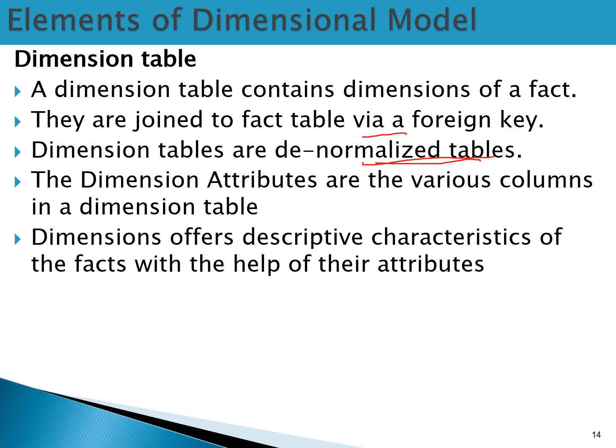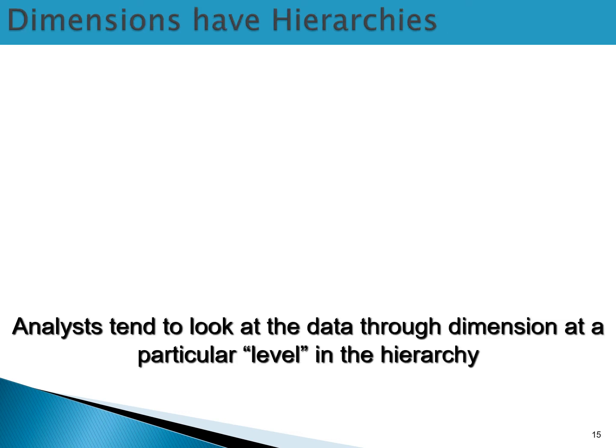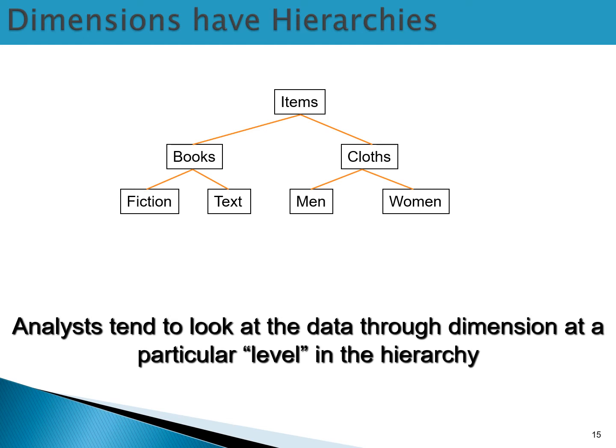I will show you the dimension model in the next slides, and these points will become clear to you. Dimensions offer descriptive characteristics of the facts. Dimensions basically have hierarchy.